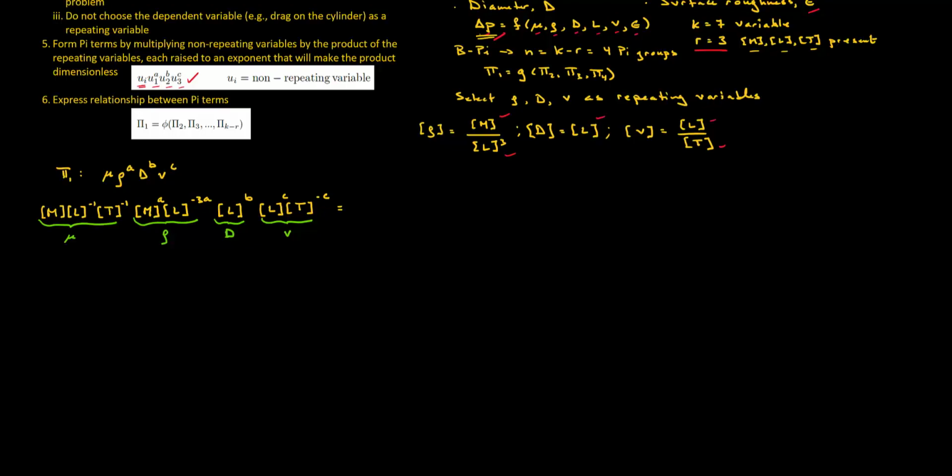So we want to equate this to the dimensions of mass to the power of 0, length to the power of 0, and time to the power of 0. Okay, so the product of these 4 variables, we want it to become dimensionless. We will have a dimensionless group if all of the dimensions are raised to the power of 0.